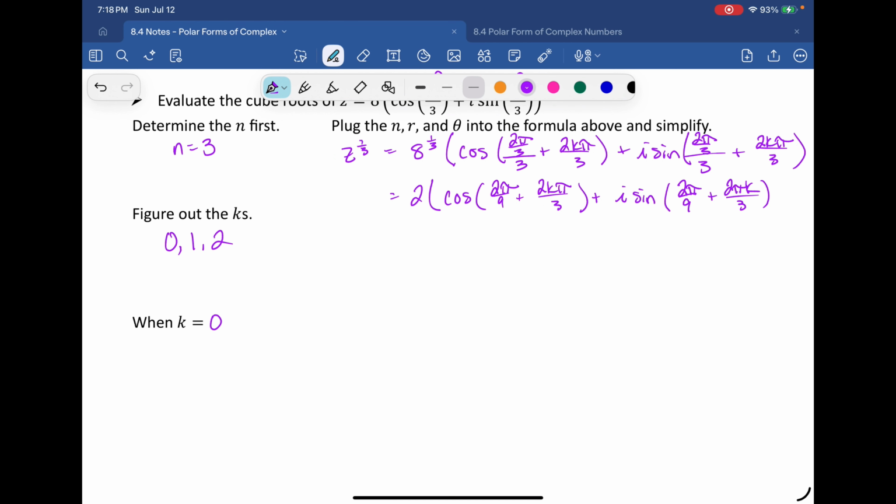Okay, so we're plugging in to this formula now. And I've got it all simplified. We just needed to know the k. So 2 cosine of 2 pi over 9 plus 2 times 0 times pi over 3.